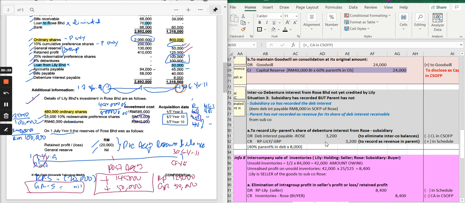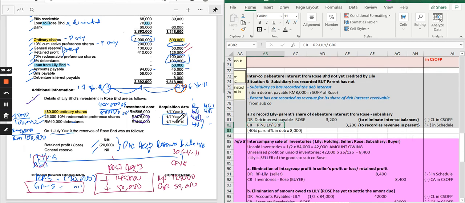That will be reported later in the consolidated statement of financial position, and this will have to be recorded in the schedule of the reserve retained profit of the parent or the group. You need to record that as revenue in the parent. But when you report in the consolidated statement of financial position, that must be eliminated.